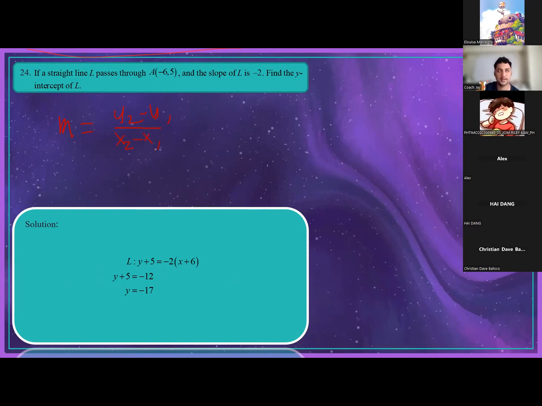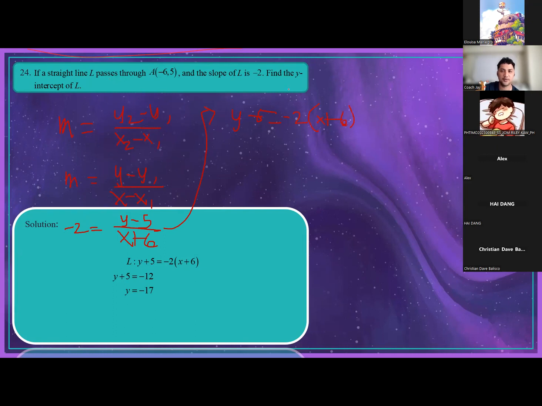We only have one point, so the best way to do this is (y minus y1) over (x minus x1). We have m to be -2, and (y minus 5) over (x plus 6). Solving for that, y minus 5 equals -2 times (x plus 6).